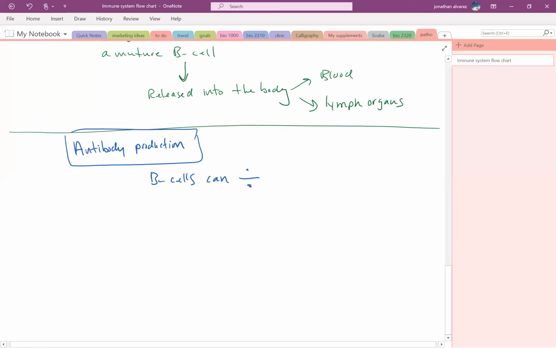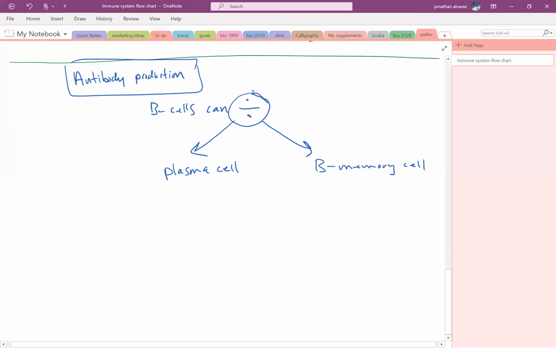And this division can turn into a plasma cell and a B memory cell. And the B memory cell, this is also part of the adaptive immunity where you learn how to fight something after your first exposure.